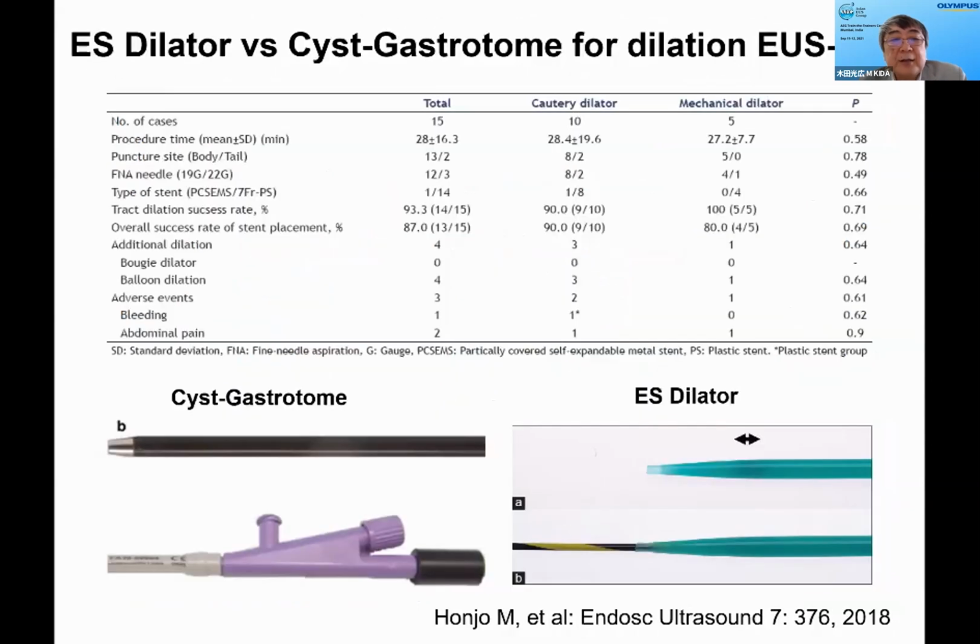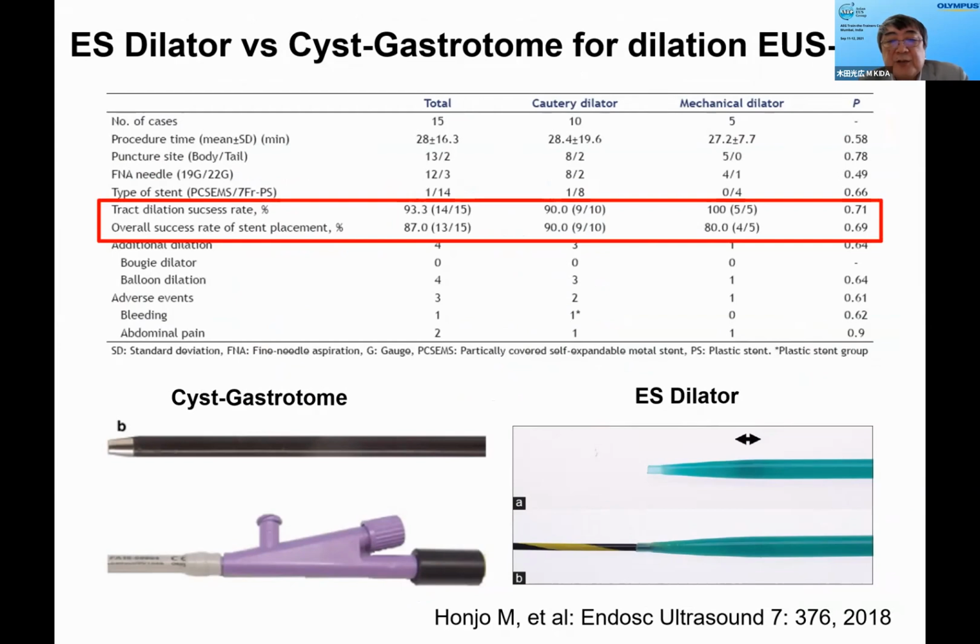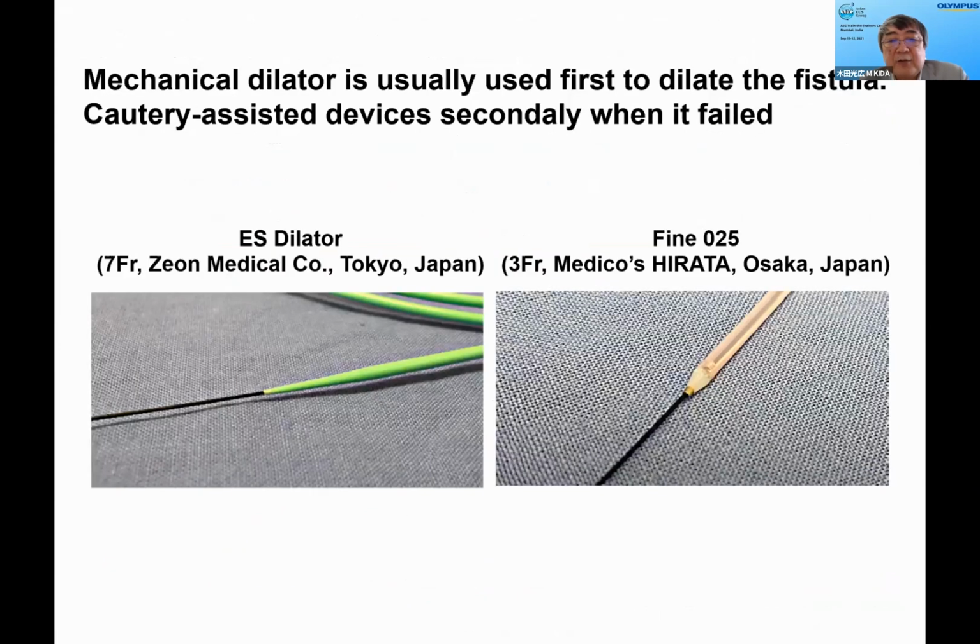This is a study comparing the ES dilator versus the cystogastrotome for the dilation. But according to this literature, there is no significant difference between the mechanical dilator and the electrocautery dilator. But in general, at first we use the mechanical dilator. Secondly, the electrocautery devices, such as Fine 025. This is only 3 French, a very thin dilator compared to the cystogastrotome.